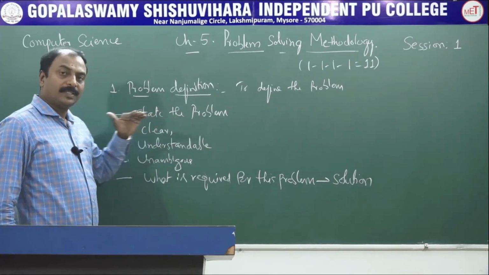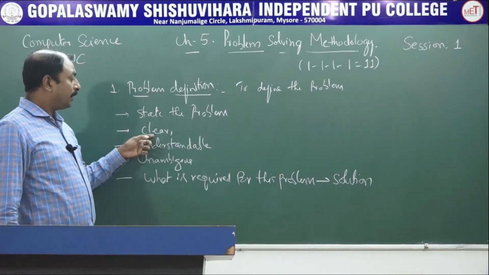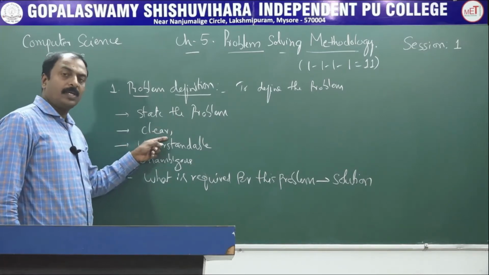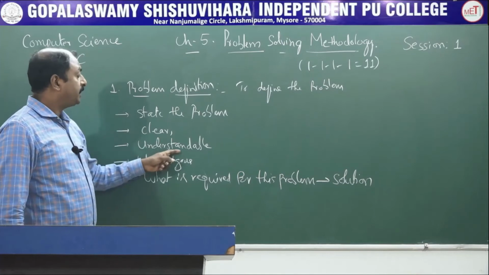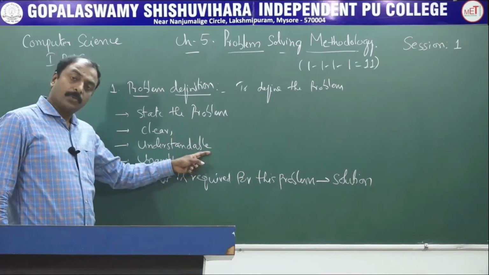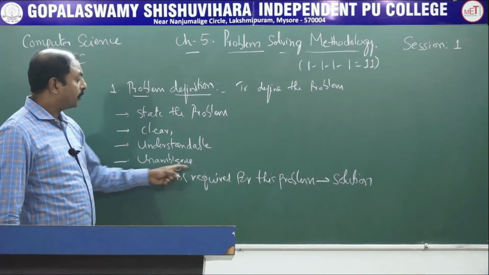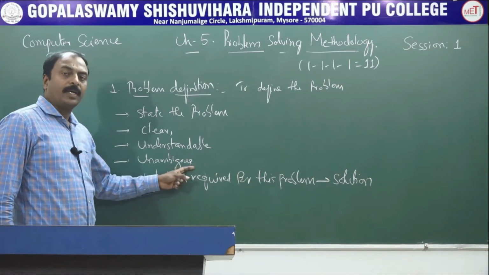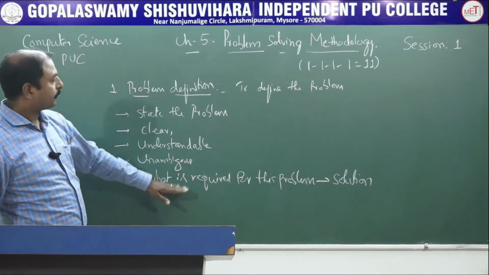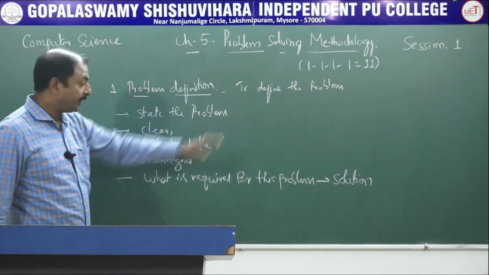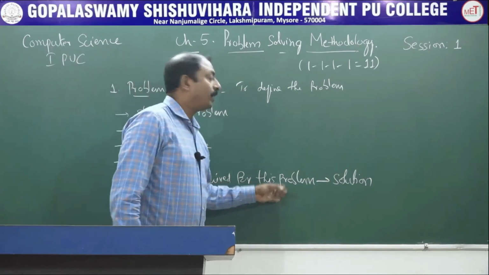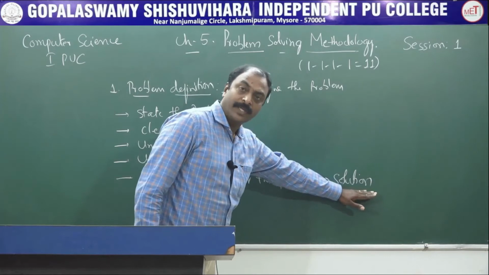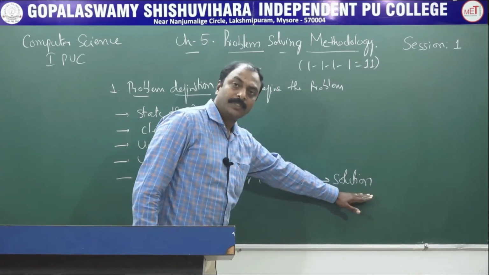It should be very clear and easily understandable to the programmer or the user, and unambiguous means there won't be any confusion. Unambiguous means to avoid any confusion. And in the problem definition, we have to say what exactly we require for this problem in order to come to a conclusion, or to get a proper result, proper solution.